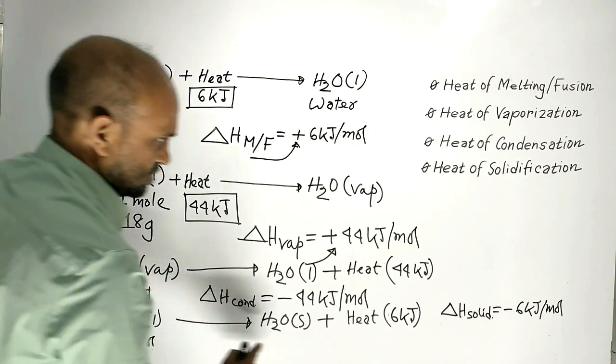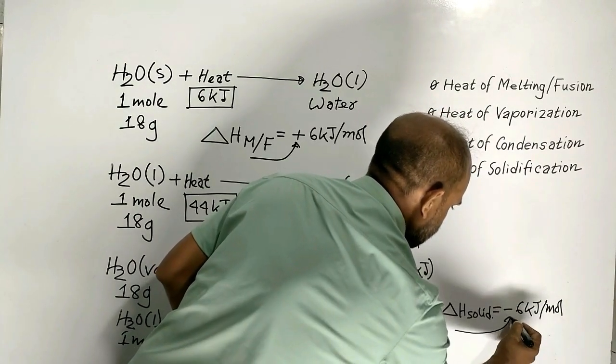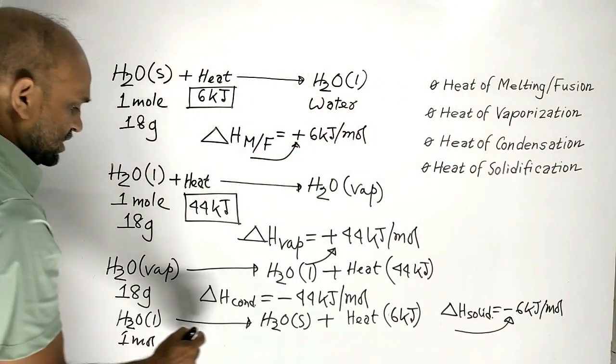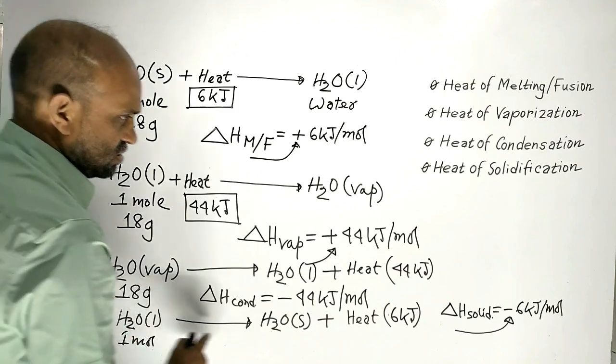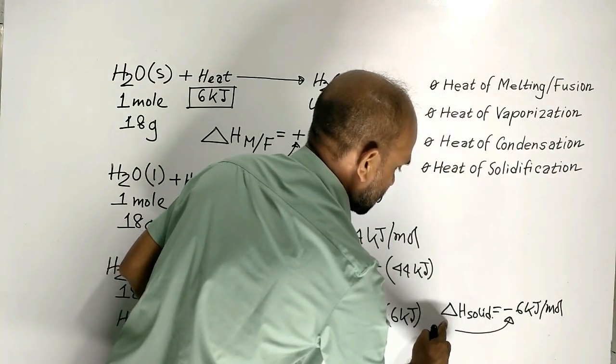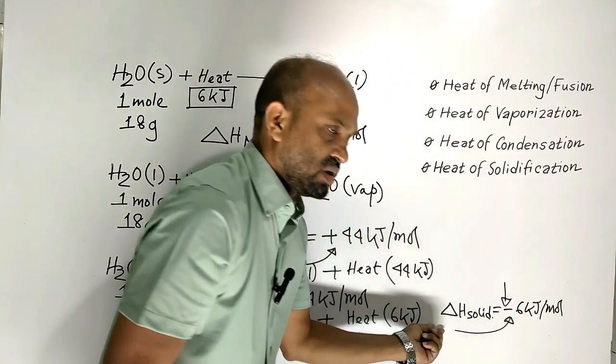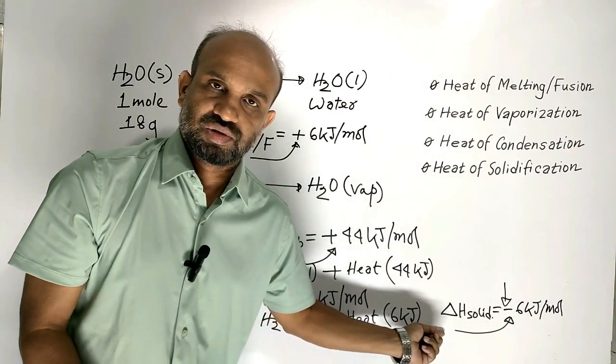For this reason, this is kilojoule per mole. This reaction releases heat. So, this is a kind of exothermic reaction, and for this reason here minus sign is used.